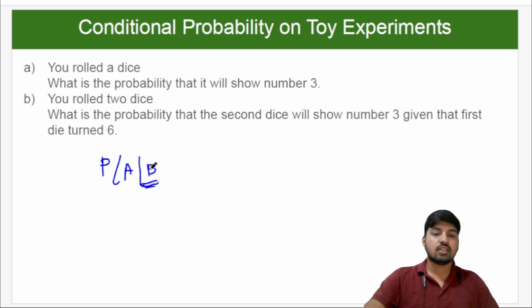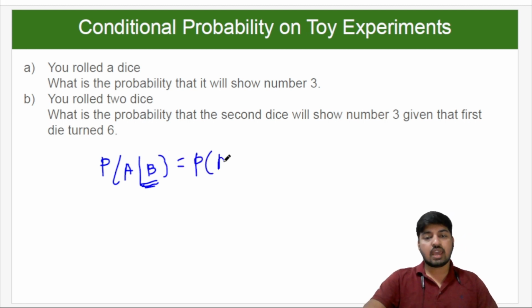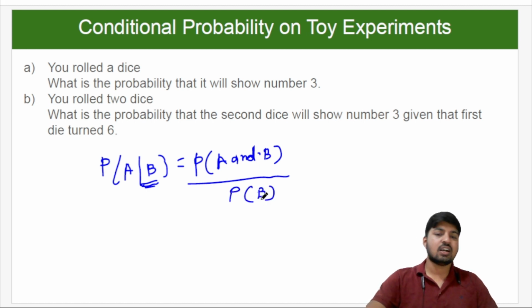So what if the event B has occurred? I want to calculate the probability of A, and this is equal to probability of A and B divided by probability of B. This is the formula. We need to remember this formula whenever we are calculating the probability.